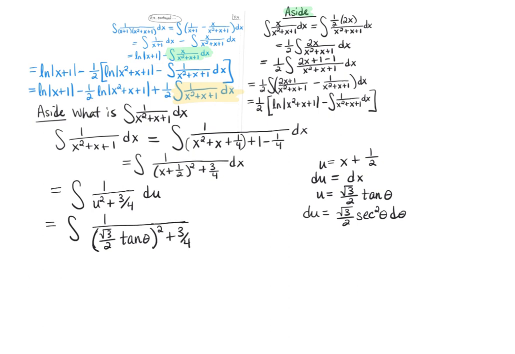All of that times du. And remember, du is here. So we're going to write times the square root of 3 over 2 secant squared theta d theta. Okay? Let me draw a little squiggly line here so you don't think to include that in the writing. Okay? Now, we square everything.